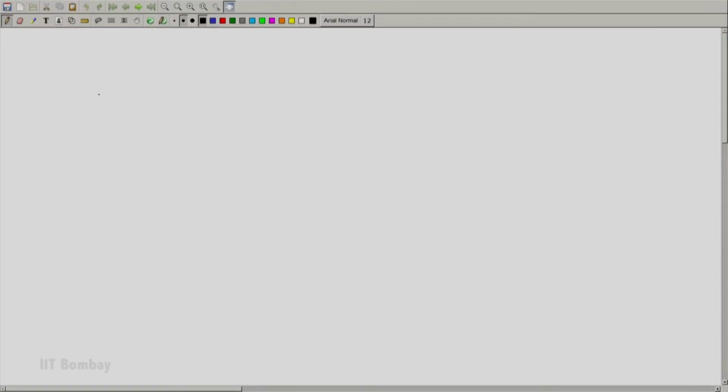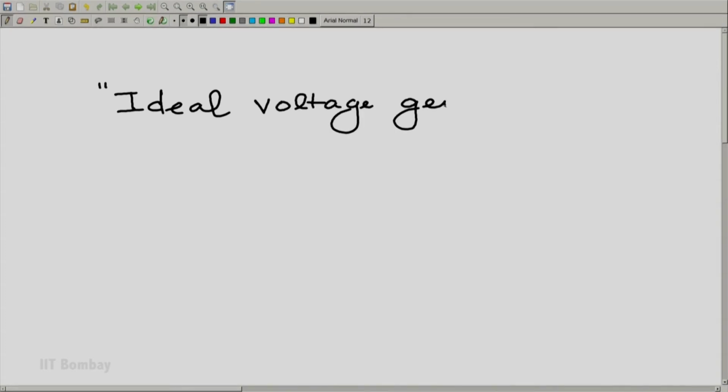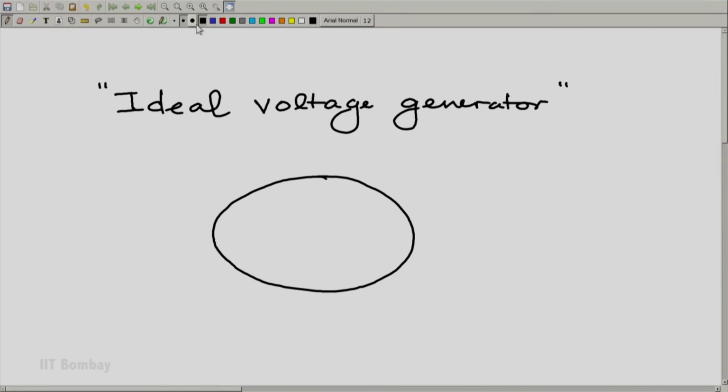Now, to answer that question, let us go to the ideal voltage generator that we often encounter in high school. So, let me draw the situation. You see, ideal voltage generator, if you call it that, would have a circular structure rotating in a magnetic field.